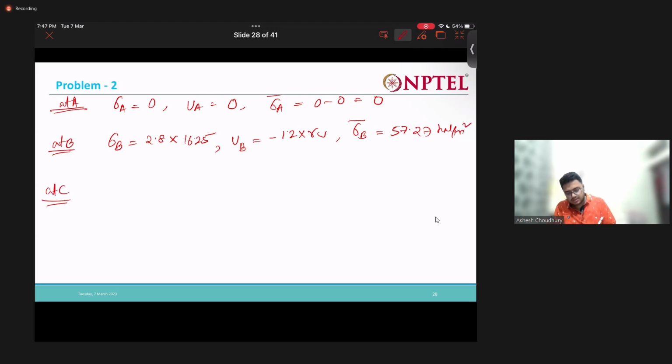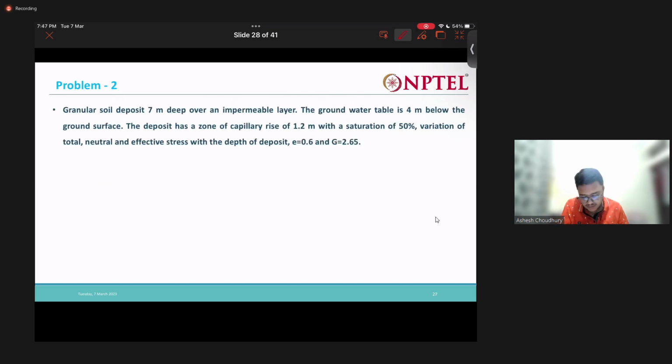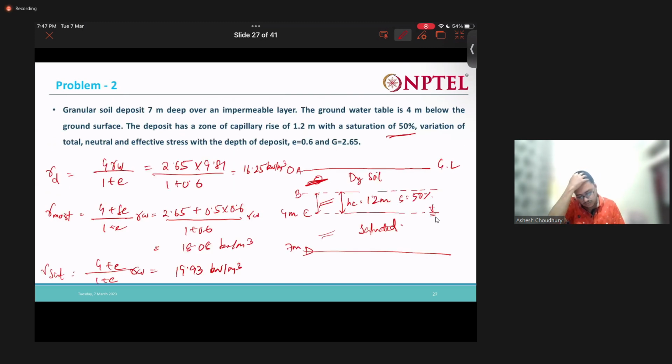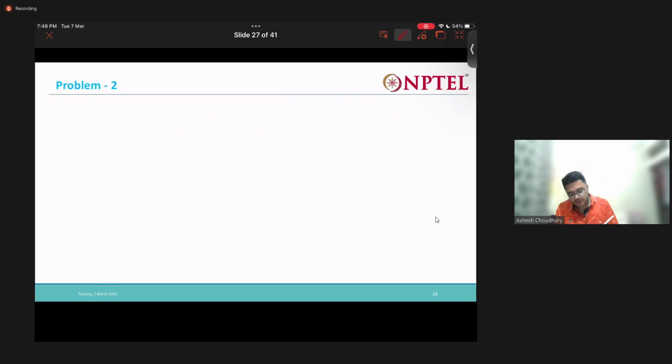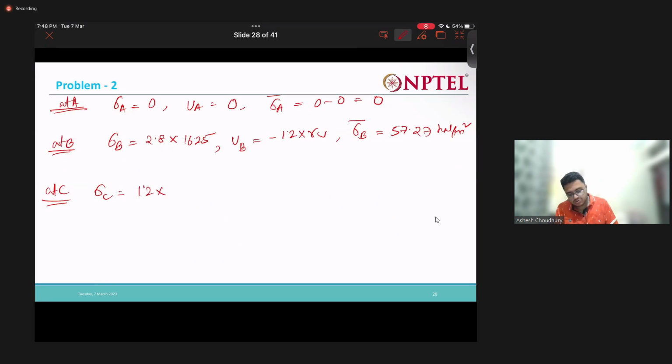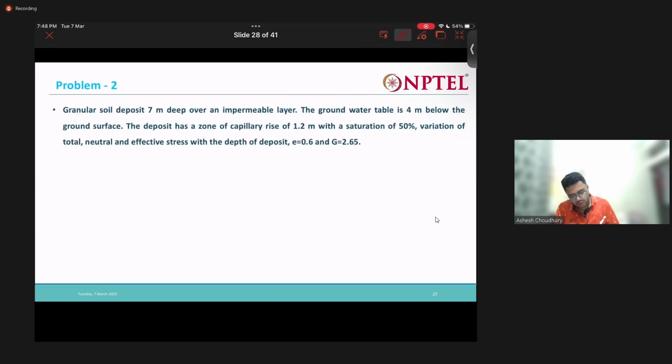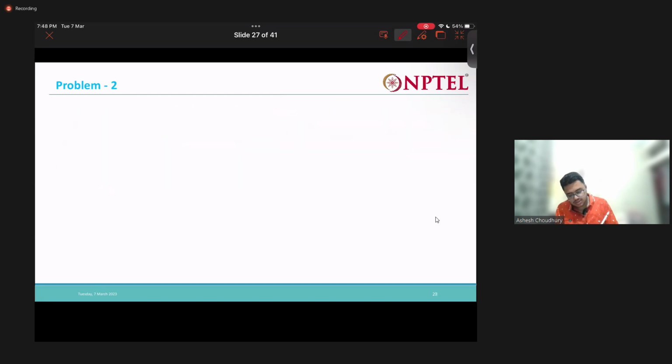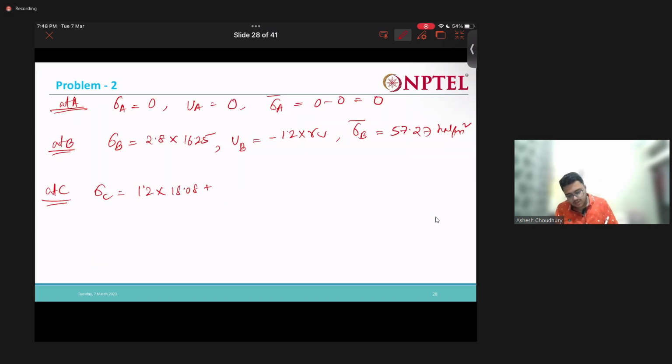Now at C, what is my total stress? It will be 1.2 into the moist unit weight 18.08, plus 2.8 into the dry unit weight 16.25, right?